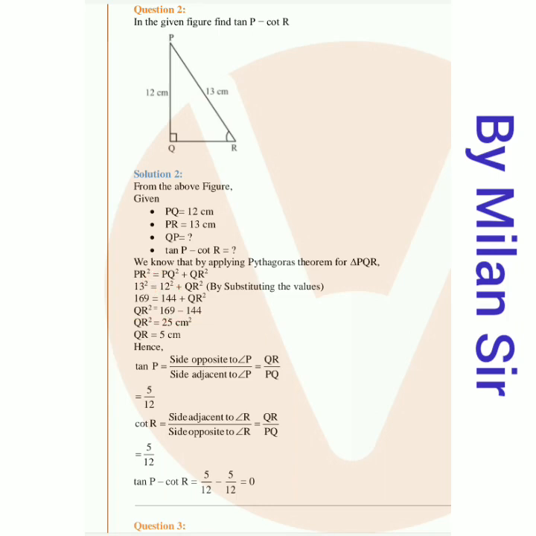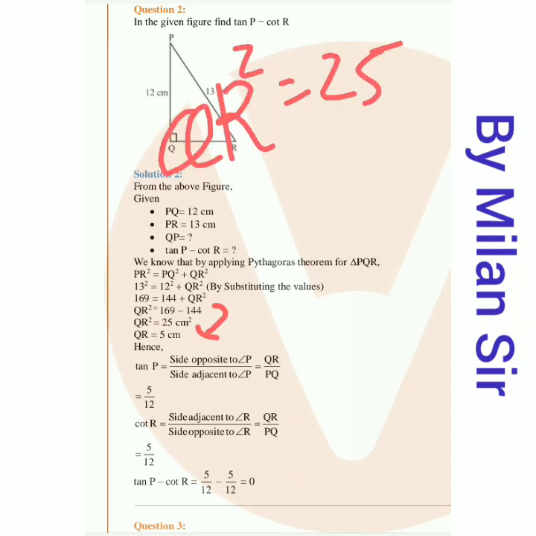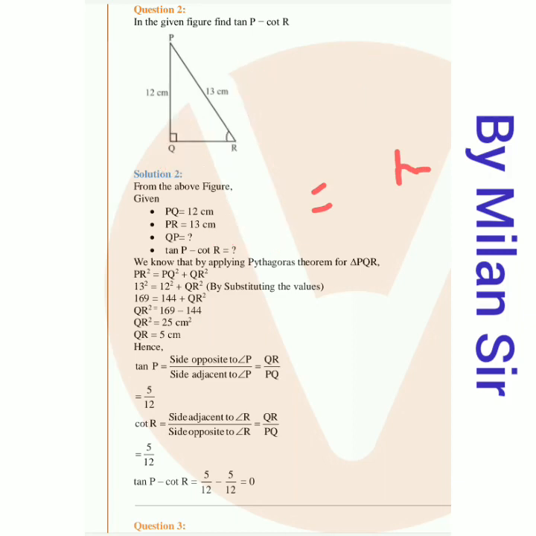Then 169 minus 144 is equal to 25 centimeter square. So here QR square is equal to 25 centimeter square. Now take the square root. So QR is equal to square root of 25, 5 centimeter. Right? So QR is equal to 5 centimeter.